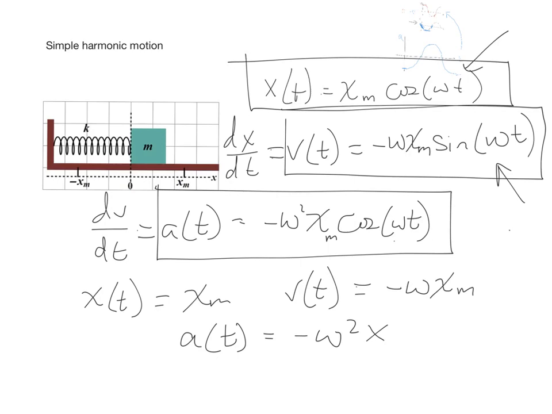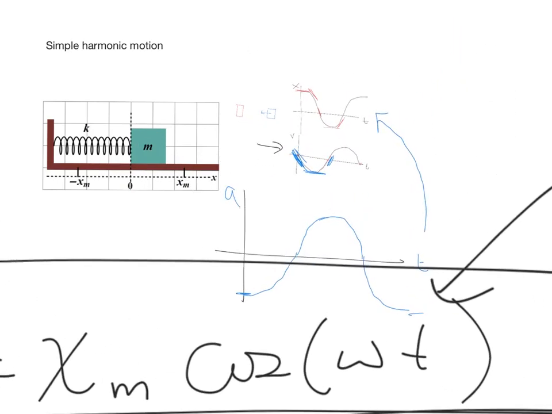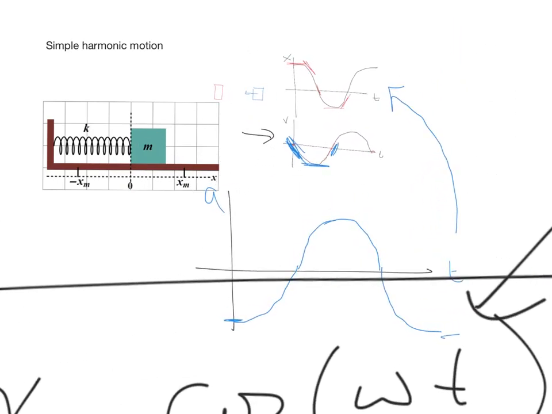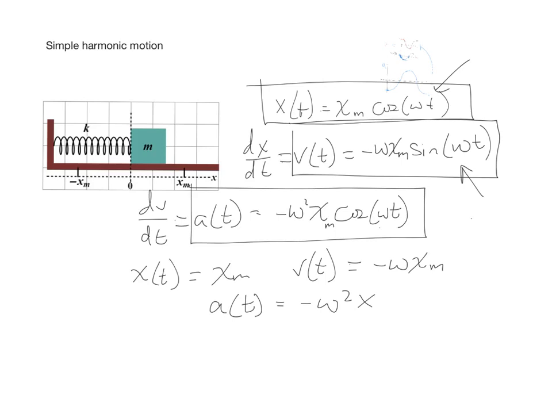If we compare the equations to the graphs, here we have a cosine function, here we have a negative sine function, here we have a negative cosine function, and that matches up with the derivatives of those equations. With most problems, you're going to be working with these max equations.